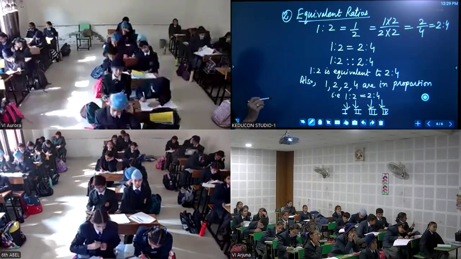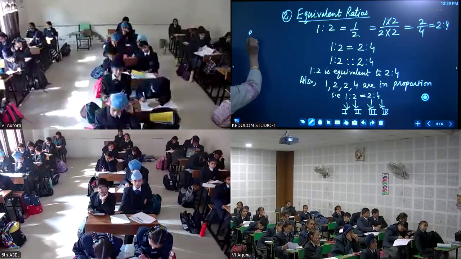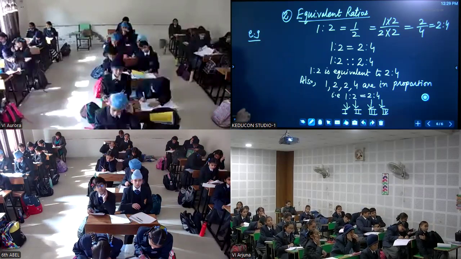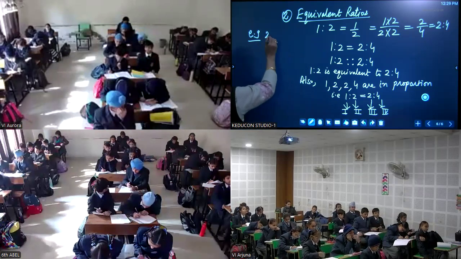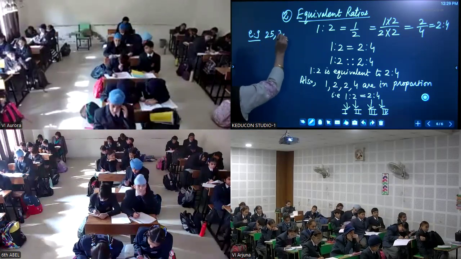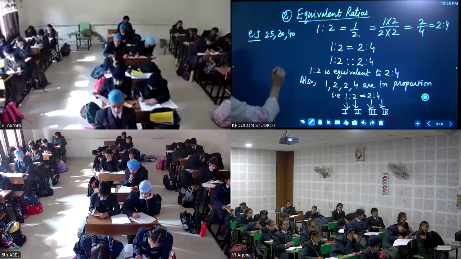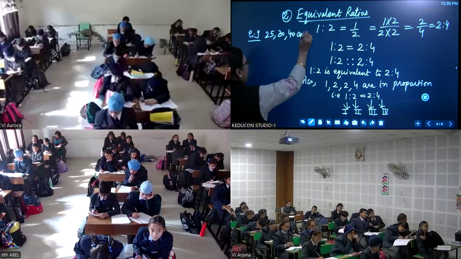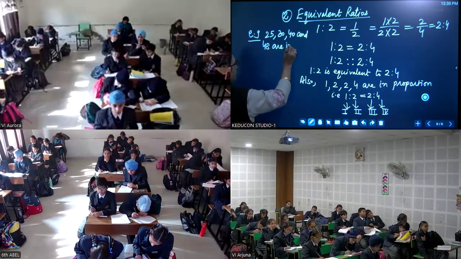I'm not rubbing it off because many children are noting. I'm writing one more example, beta. Example: 25, 30, 40, and 48 are in proportion.